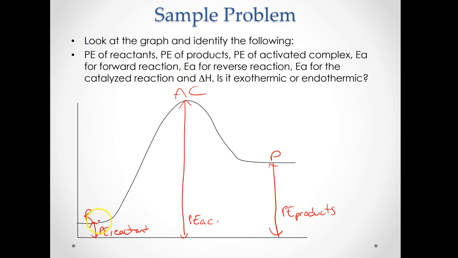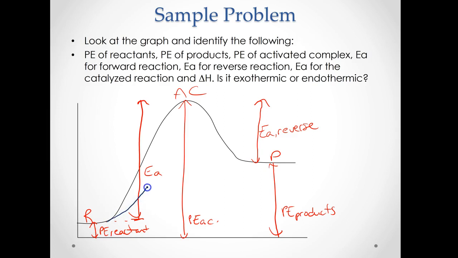In order for the reactants to turn into products, they have to climb this very large hill. That is referred to as activation energy, from where the reactants are to the top of the hill. If the reaction goes in reverse, and we're going to start talking about reversible reactions, my products can turn backwards into my reactants by climbing a much smaller hill. And then if I put a catalyst in here, I'm going to do that in a different color.